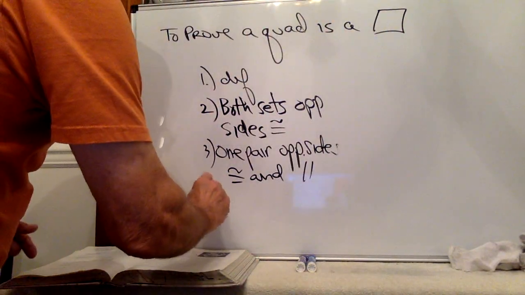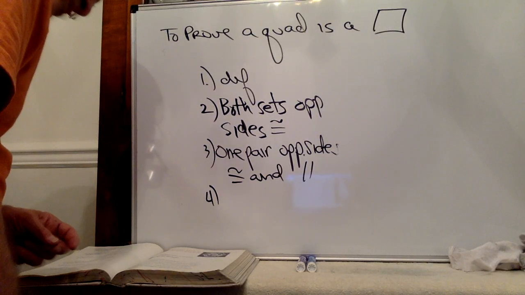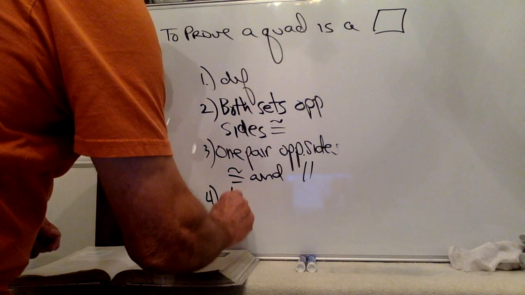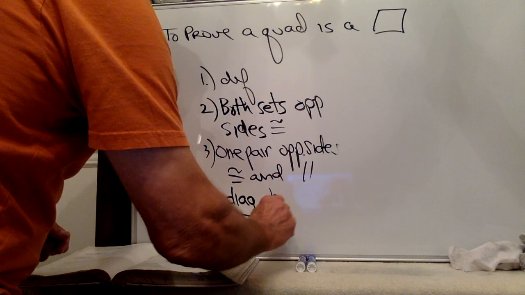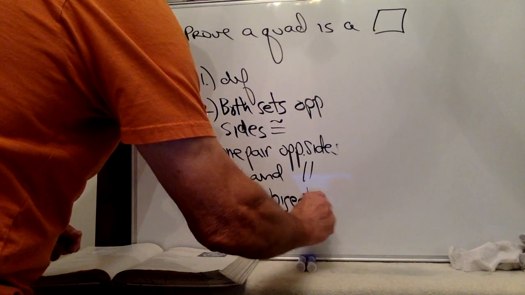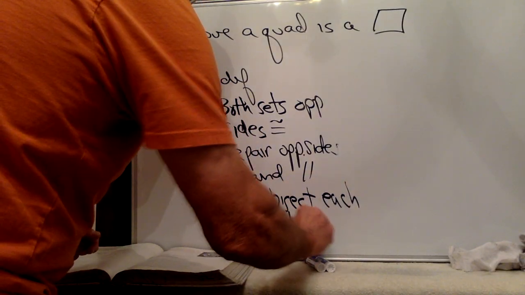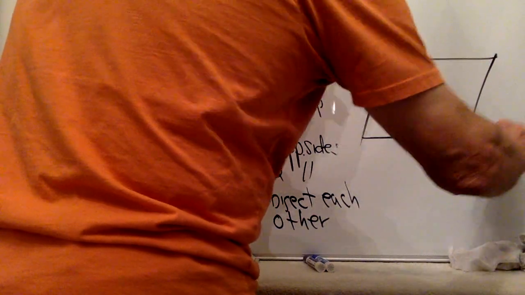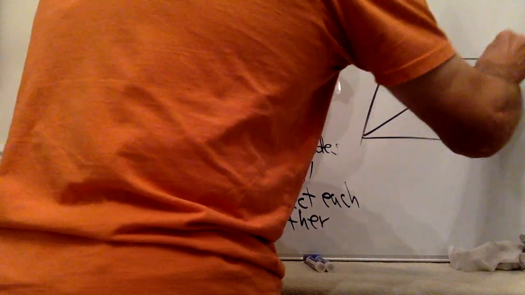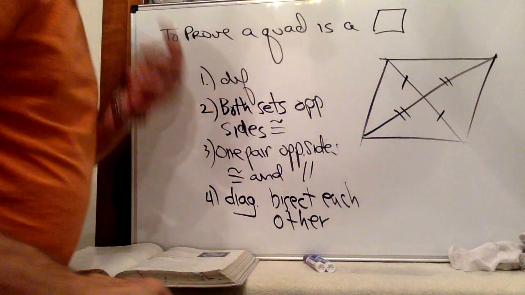Number 4, if the diagonals of a quadrilateral bisect one another. So if I've got this quadrilateral and I draw those in, and that and that are congruent, they bisect one another.